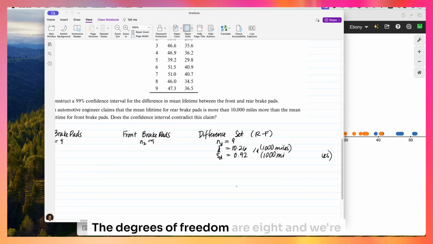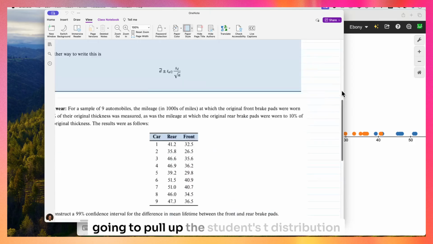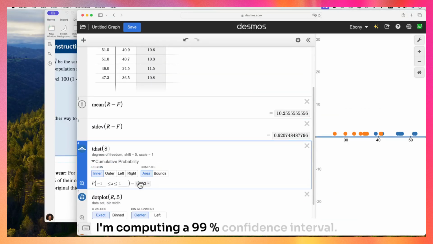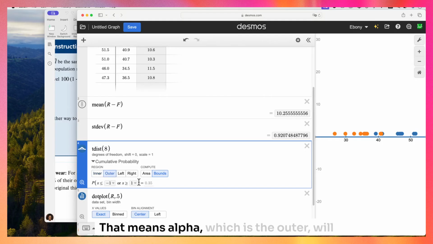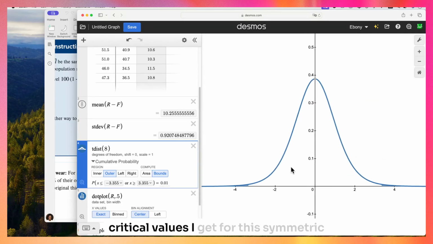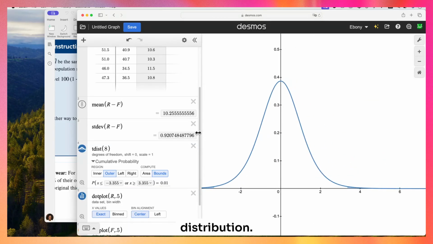The degrees of freedom are 8, and we're going to pull up the student t distribution now. I'm computing a 99% confidence interval. That means alpha, which is the outer area, will equal 0.01. And here are the critical values I get for this symmetric distribution.